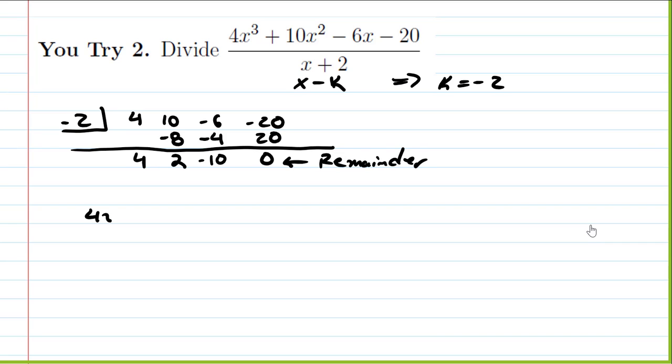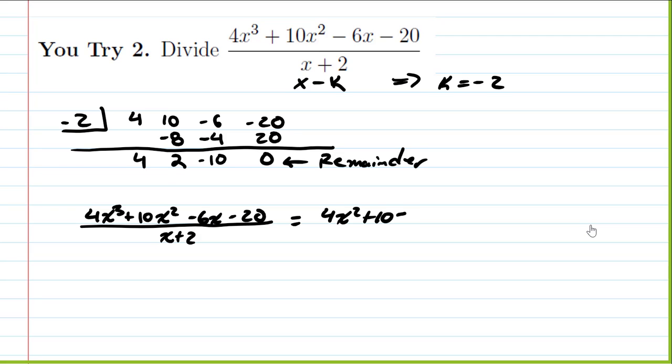So we get 4x cubed plus 10x squared minus 6x take away 20, all divided by x plus 2, is equal to 4x squared plus 2x take away 10.